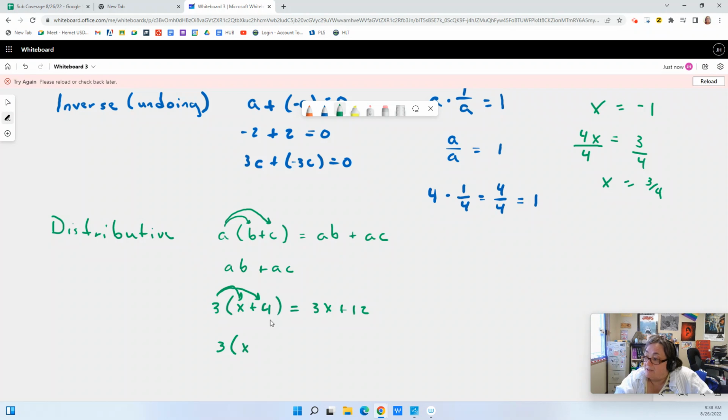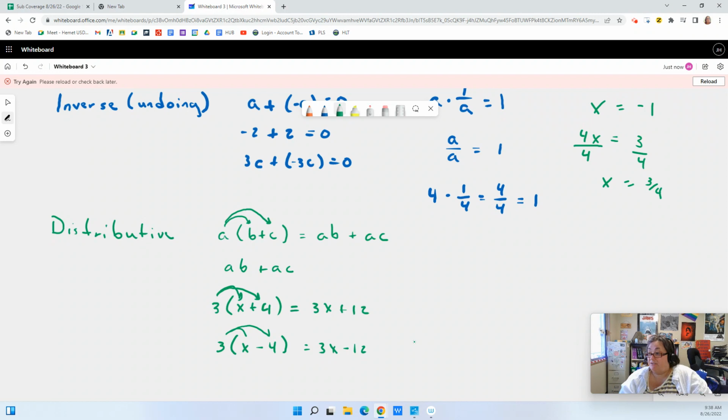This was plus 4. What if this was minus 4? Well, then we go 3 times x, and we'd still get 3x. And when we multiply 3 times -4, we'd wind up with minus 12. Because we're doing it in an equation, it would be minus, but it gives us a -12. Yeah, they both mean the same thing. You're not wrong in that.